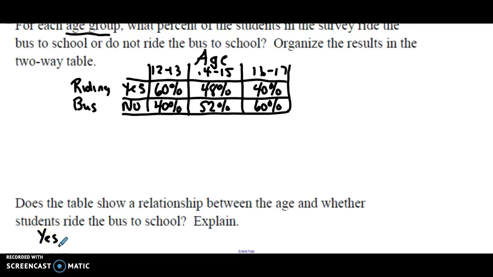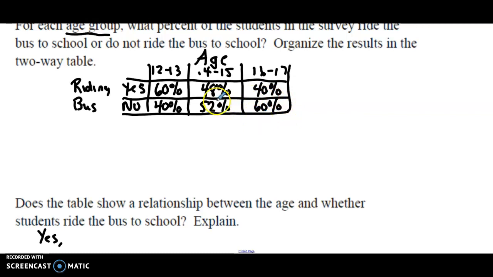And then when we explain, we have to say why that makes sense. Why does it make sense that it's a yes? Well, hopefully you know this, but once students start to get older, they get their driver's license. So when they get their driver's license, they're no longer going to take the bus to school.